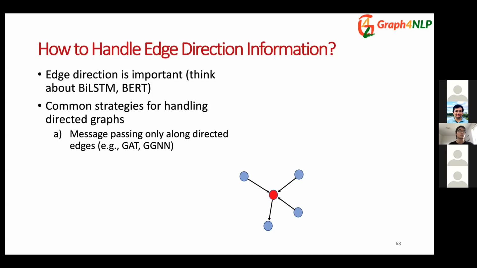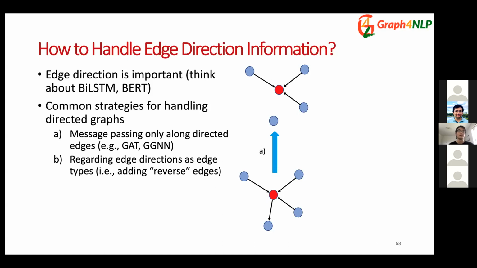So common strategies for handling directed graphs include: one, we do message passing only along directed edges, but this is not ideal because we will have edge direction information loss. The second strategy is to regard edge directions as edge types. Then we get multi-relational graphs, and we can apply multi-relational GNNs to encode the information.